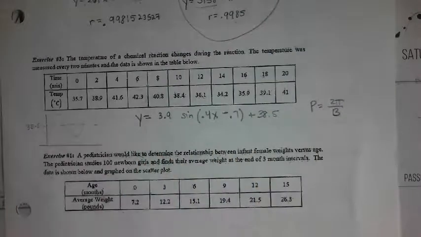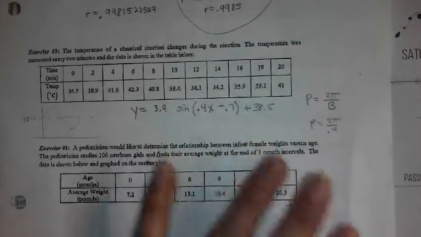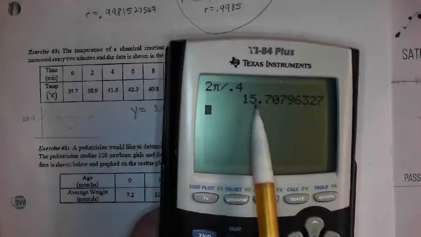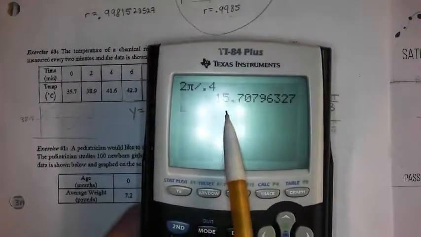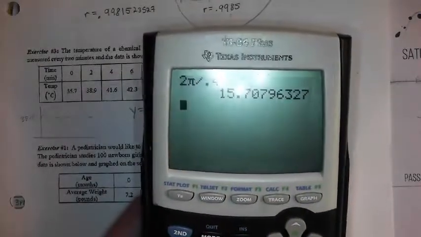What's my b value here? 0.4. So period equals 2 pi over 0.4. So if I do that on my calculator, 2 pi divided by 0.4, this chemical reaction, whatever it is that we're looking at, follows through a cycle that repeats every 15.7 minutes.